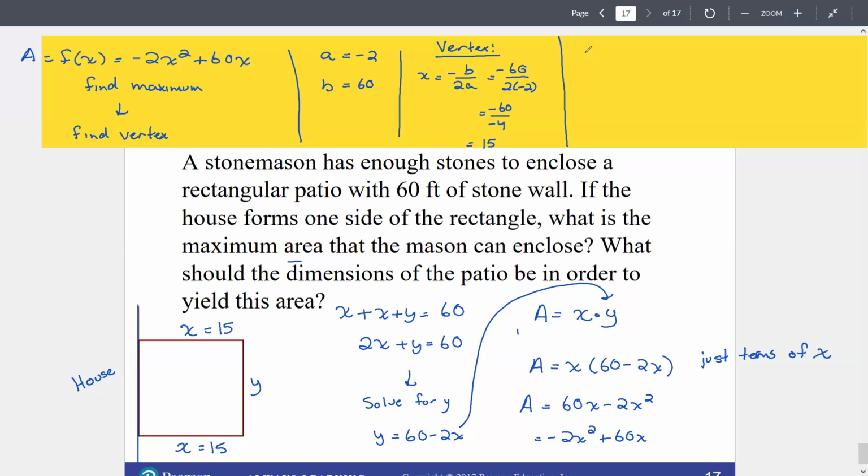So to find that y portion, that means I would have to figure out what f(15) is. So that'd be -2 times 15 squared + 60 times 15. Calculator out, help me through this a little quicker.